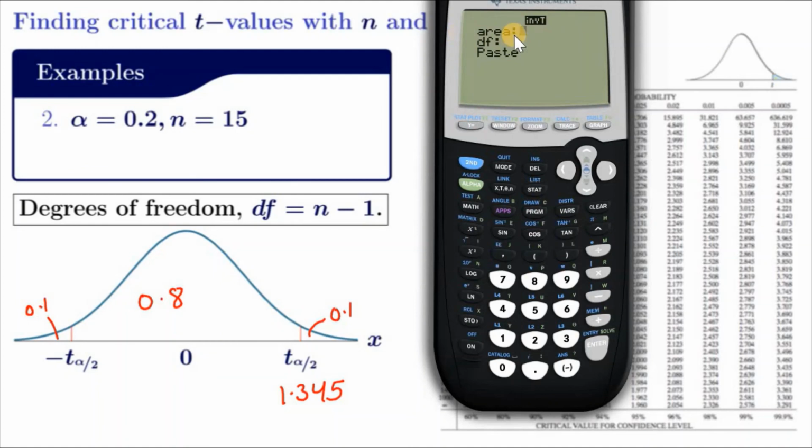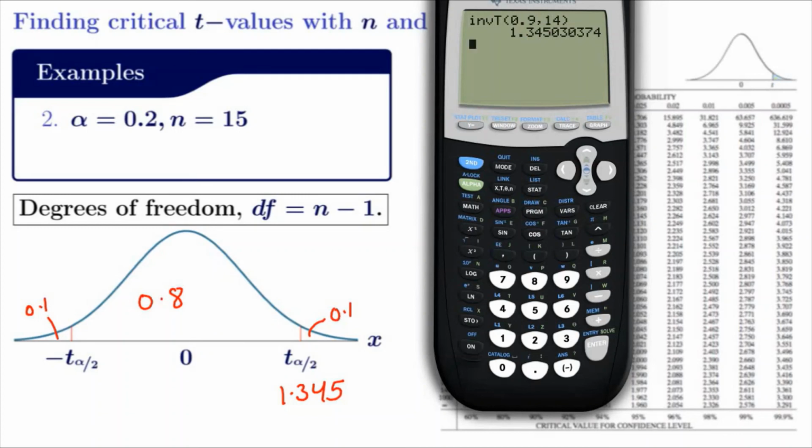So here, area means area to the left, which is 0.8 plus 0.1, which is 0.9, and degrees of freedom is 14, then hit enter, then hit enter. Okay, so we got this using calculator, and this is exactly what we got also from table for the critical value.